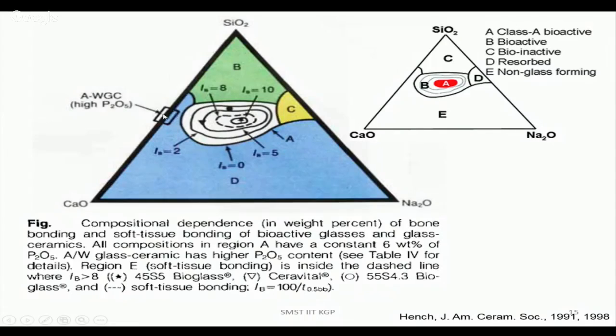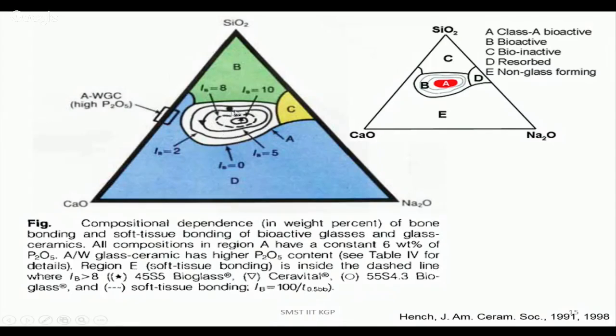Here you have 50% calcium and 50% silica, and here 50% silica and 50% sodium, and here you have a composition of 45% silica, 24.5% calcium oxide, 24.5% sodium oxide.